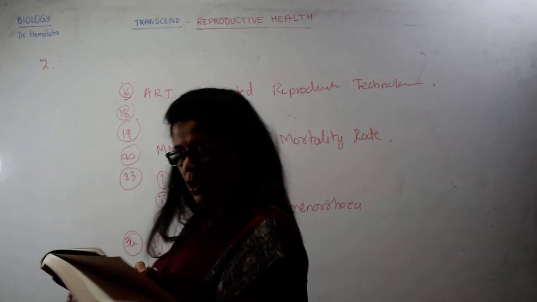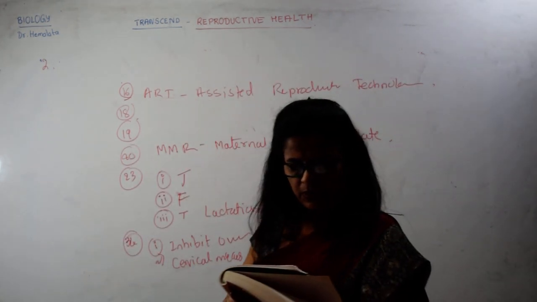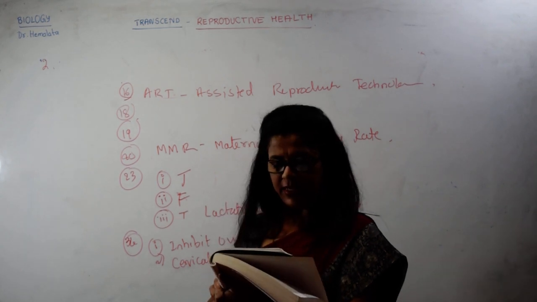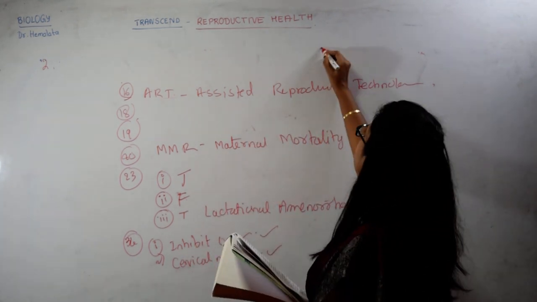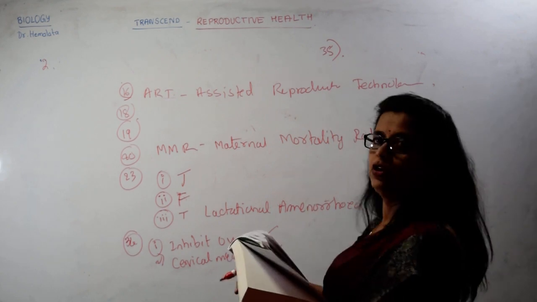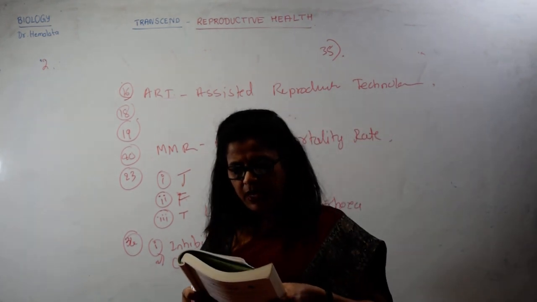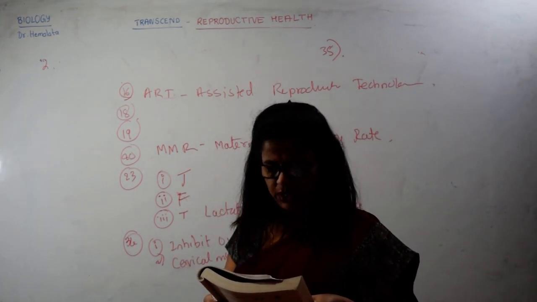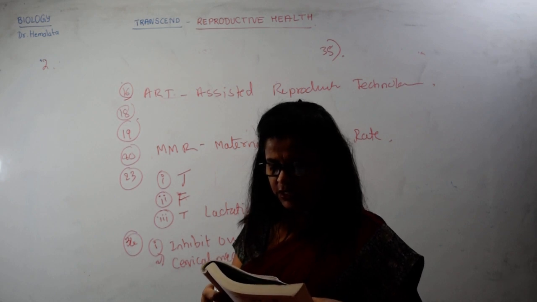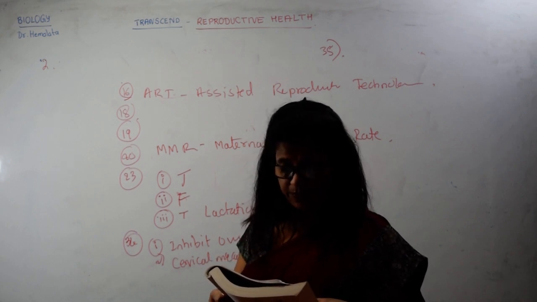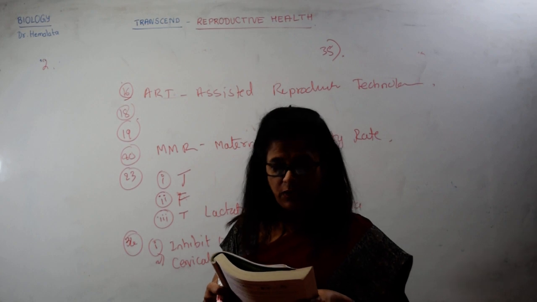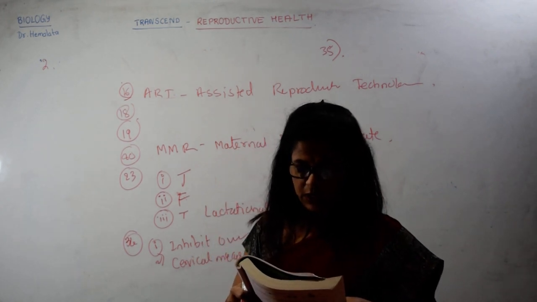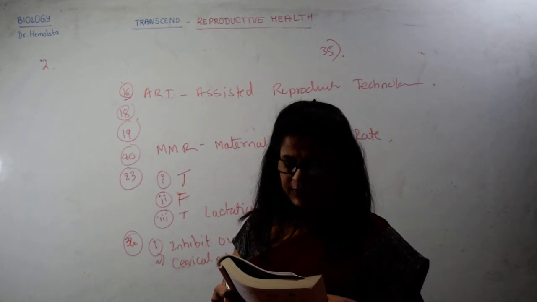Then, 35th question. IUDs prevent the pregnancy. How? The 35th question is asking how IUDs stop pregnancy. They inhibit the uterine physiological and morphological changes required for implantation. That is correct.